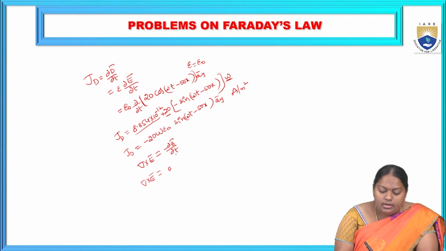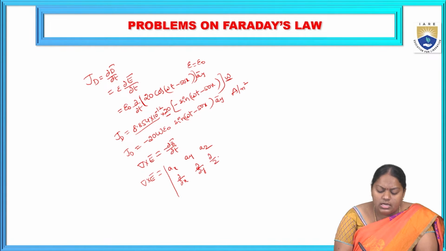As x, y, z directions are given, we express this as a determinant in Cartesian form: ax, ay, az, dou by dou x, dou by dou y, dou by dou z, and E expressed in terms of a_y. We have only the y component, the x and z components become 0, and this value is 20 cos(omega t minus 50x), right?